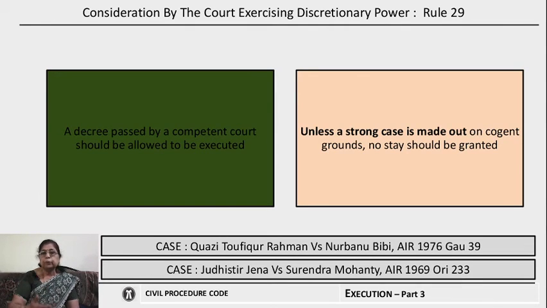The execution proceedings were to be stayed by an application by these people, and they also file a separate suit, on the ground that that particular decree was void and illegal, and it was fraudulent, because the person who had executed the mortgage was not aware of what he was doing.